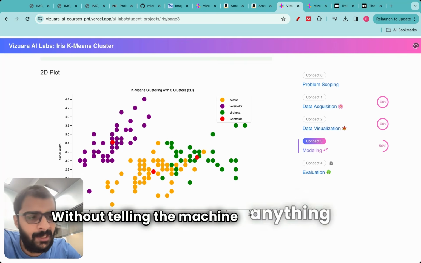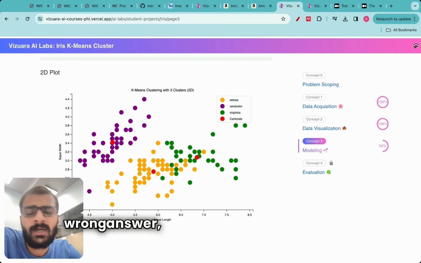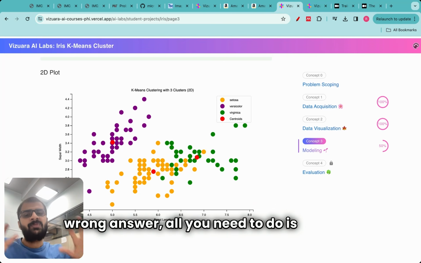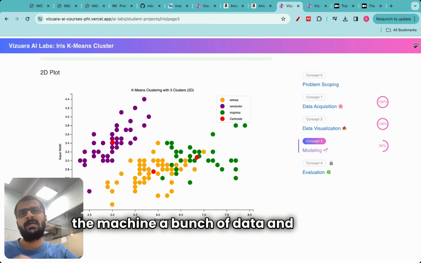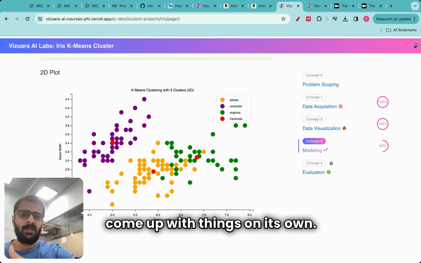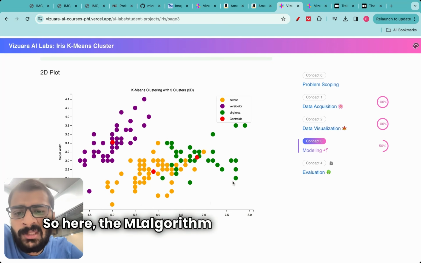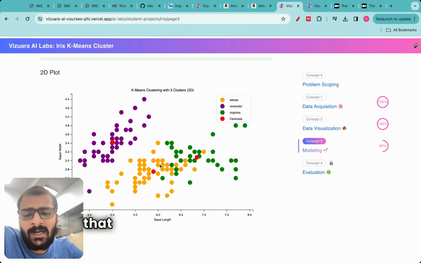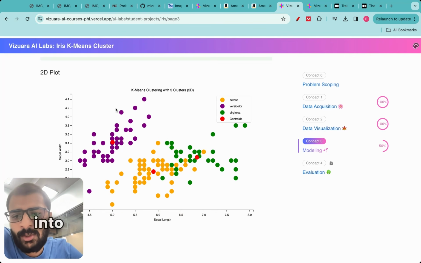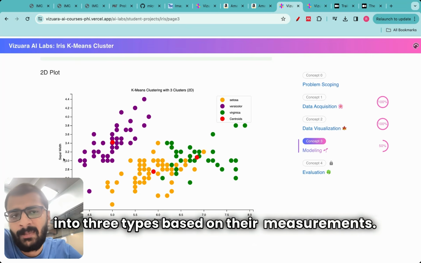Without telling the machine anything about the right answer and wrong answer, all you need to do is just give the machine a bunch of data and ask it to come up with things on its own. So here the ML algorithm discovers automatically that all of these flowers are bucketed into three types based on their measurements.